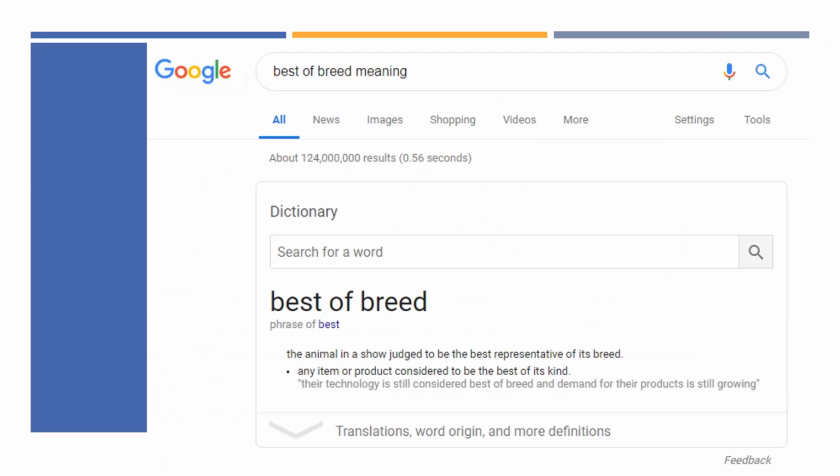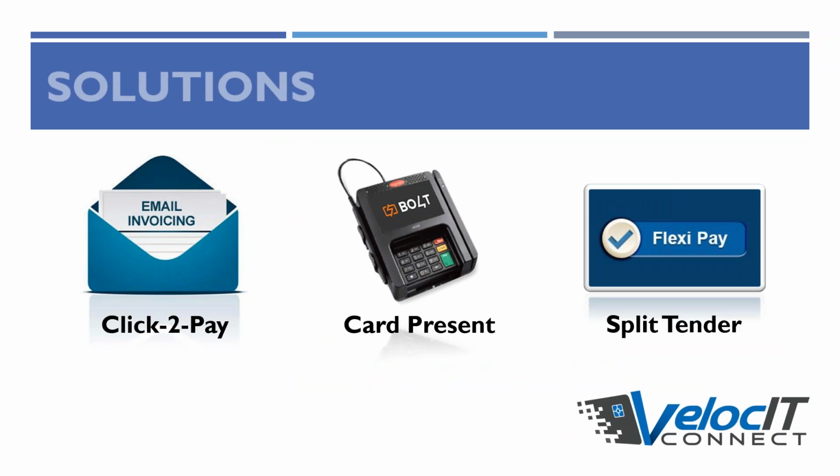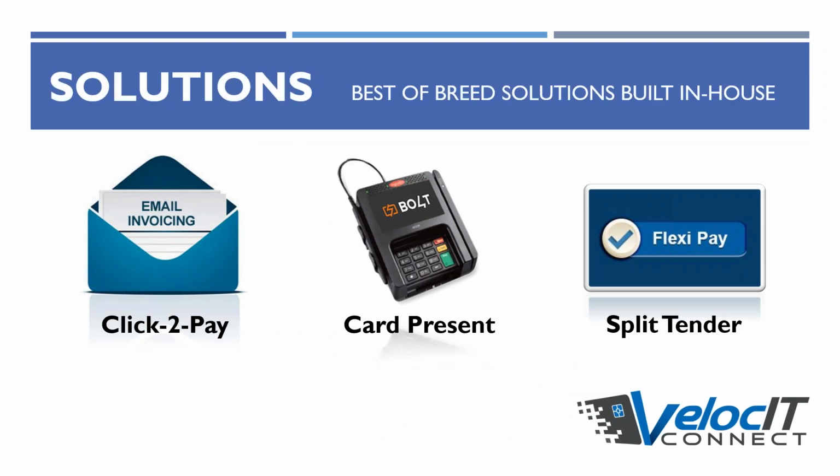So I bring this up because, as a master developer, we've taken our many years of payments expertise and many years of Sage expertise, and we've melded the products together, and in the middle you have VelocityConnect. It's important to touch on that because we obviously don't own Sage, and we don't own the Card Connect payment platform.